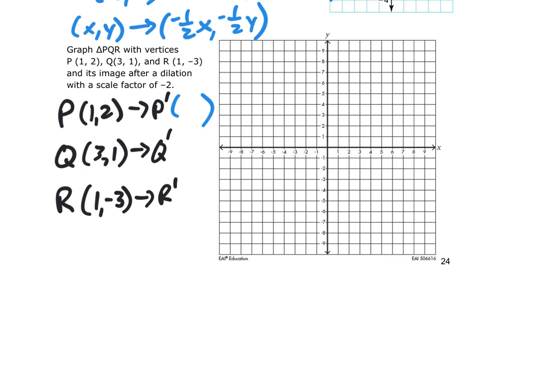Okay, my rule here is we're going to take all numbers and multiply it by -2. Let's plot the original one first.